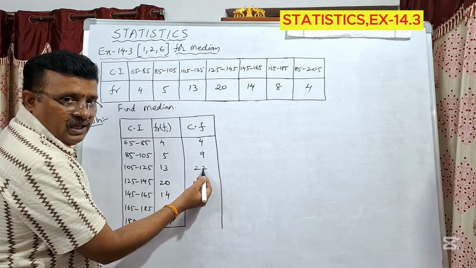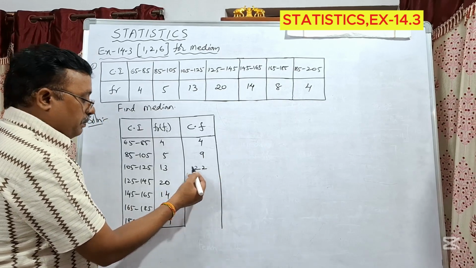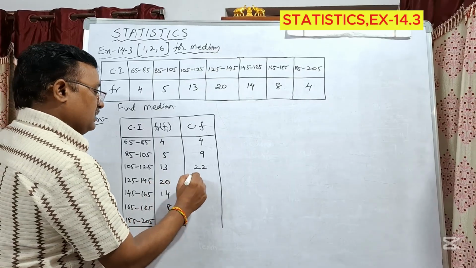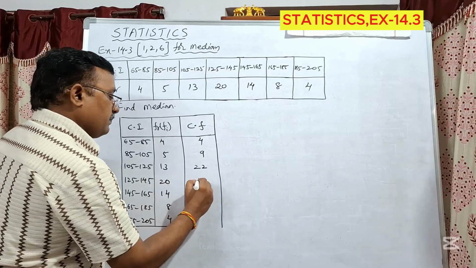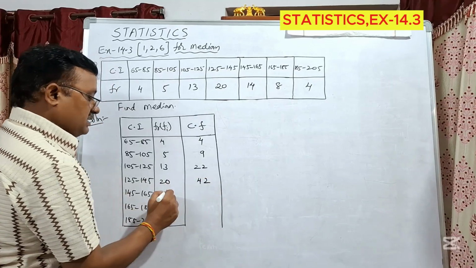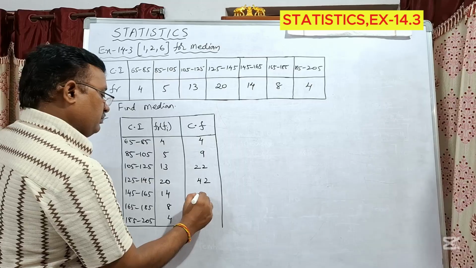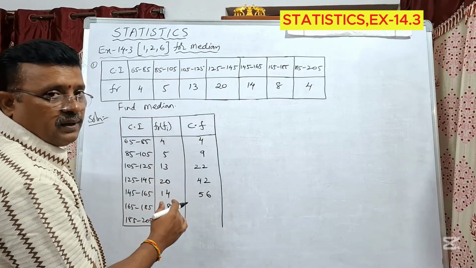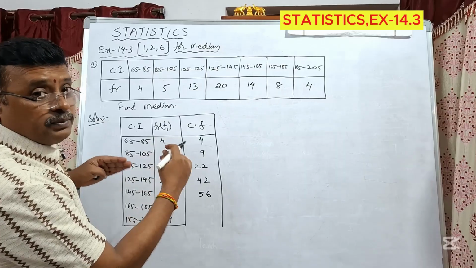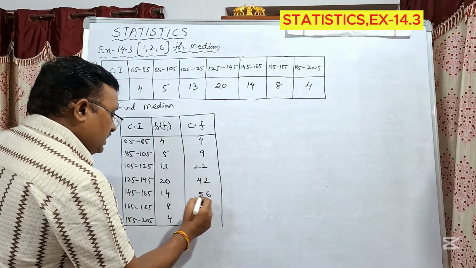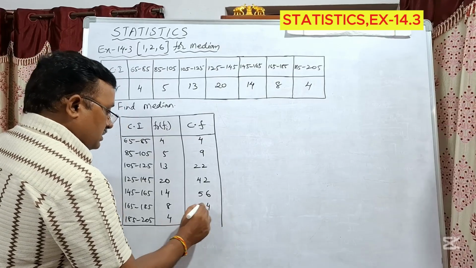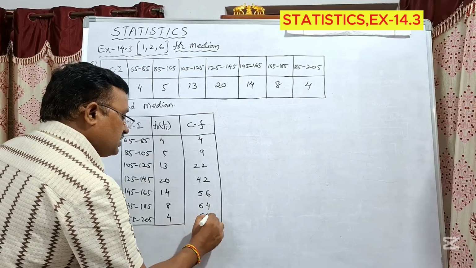This is the sum of 3 class intervals, plus the fourth one gives the sum of 4 class intervals, that is 22 plus 20, 42, plus the next one gives 56, the sum of 5 class intervals. Cumulative means sum of all up to that. 56 plus 8 will become 64. 64 plus 4 will become 68.